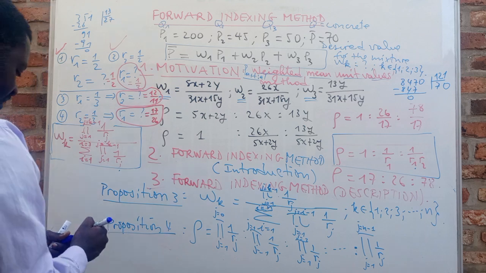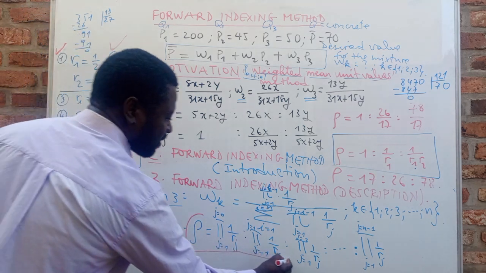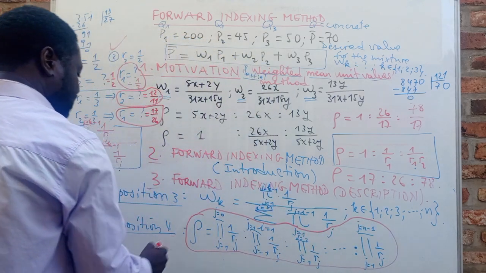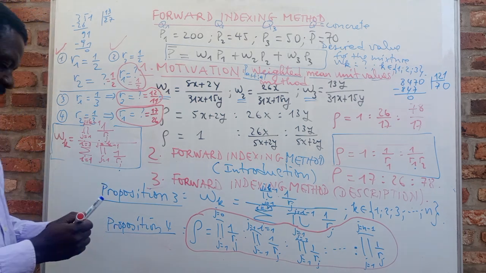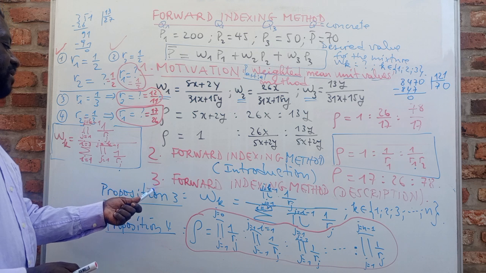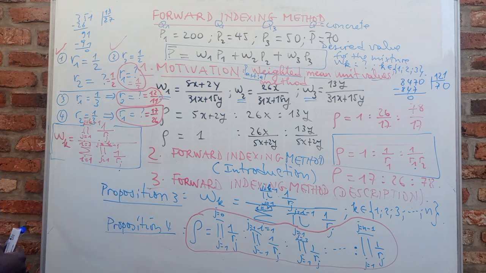This is the last property, which is somehow not needed if you know proposition 3. But proposition 3 is not necessary if you know proposition number 4.